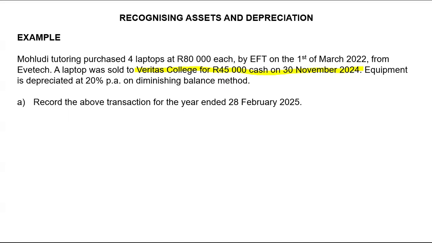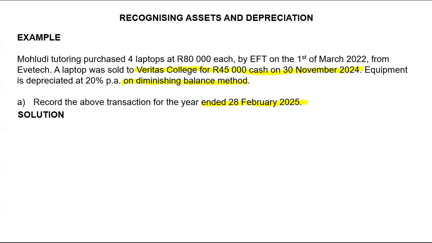Nothing has changed. We still depreciate on diminishing balance method. But now we need to record this in the year ending 28th of February 2025. Note that we sold a laptop for cash.